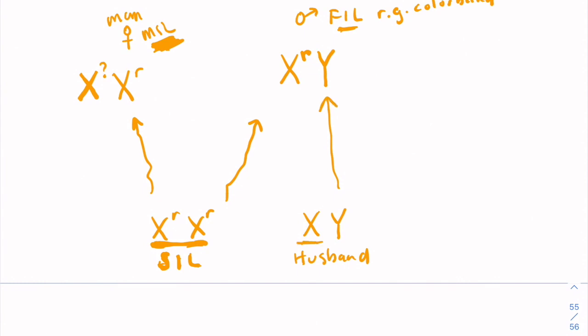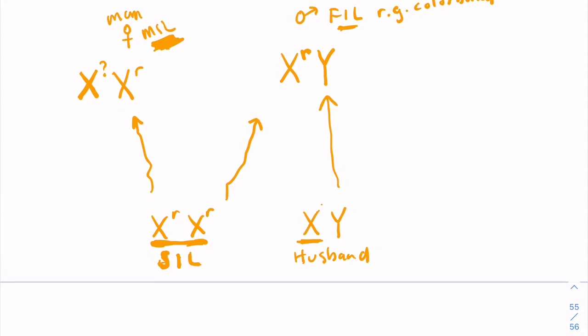So where did he inherit this X chromosome? From his mother. But did he inherit a dominant allele or a recessive allele? For that, we have to look at his phenotype, and I can tell you that he has normal color vision. He is not red-green colorblind, so he has a dominant allele there.